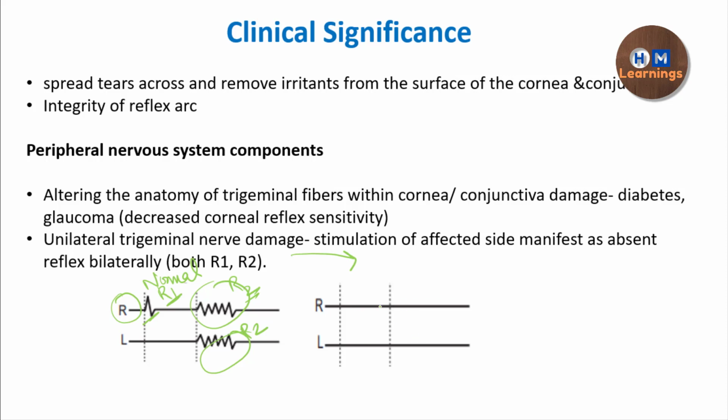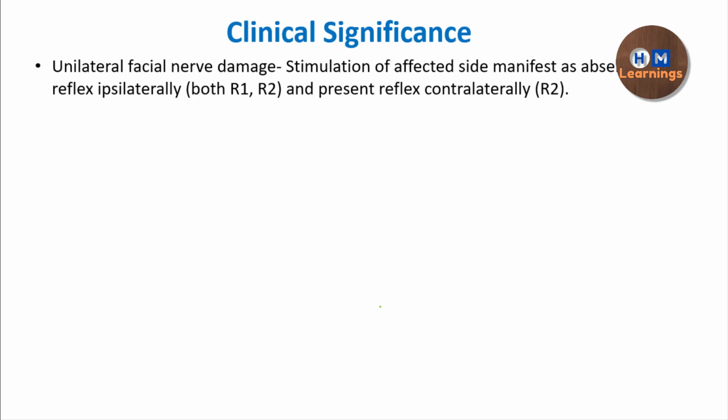Okay, then the next case is if there is a facial nerve damage, so here the problem is with the efferent. So if there is a problem of the efferent on the right side, suppose you are stimulating on the right side and the problem is on the right side only, what will happen?